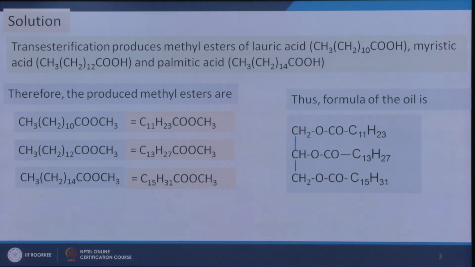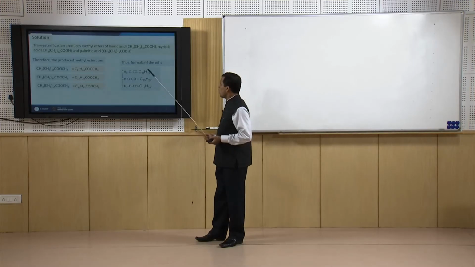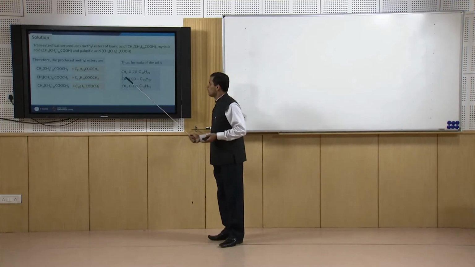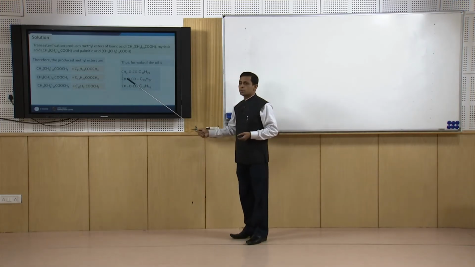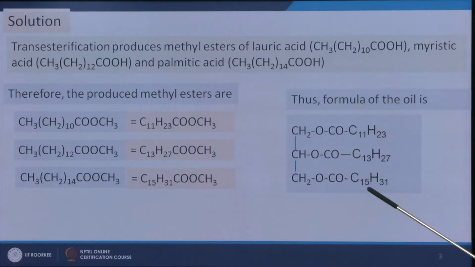What will be the molecular structure of the oil which is used? This is the oil: CH2O CO C15H31, CHO CO C13H27 and CH2O CO C11H23, because this is your base, the trialcohol. Then these acids were added, and after methanol addition these acids have been broken and they have given us the methyl esters and this trialcohol.